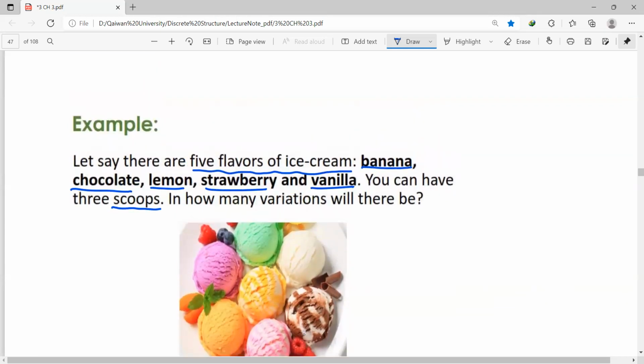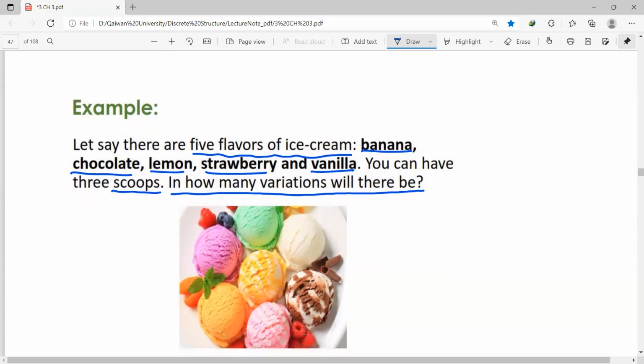So it asks in how many variations, that means in how many ways we can take 3 scoops of ice cream. As I said, it's possible if we take all 3 scoops from one type of ice cream, so repetition is allowed.